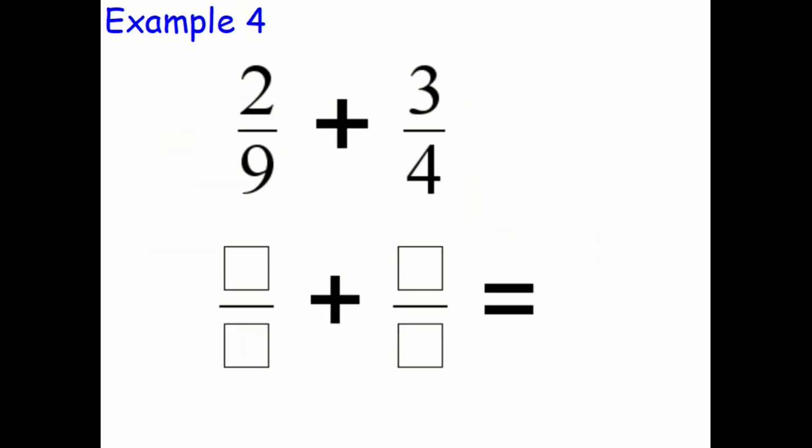Example number 4, 2/9 plus 3/4. So I want a common denominator. What's the lowest number that both 9 and 4 will go into? Well, it is going to be 9 times 4, which is 36.